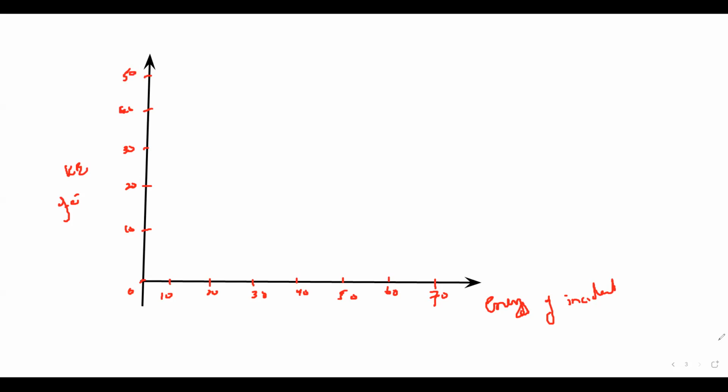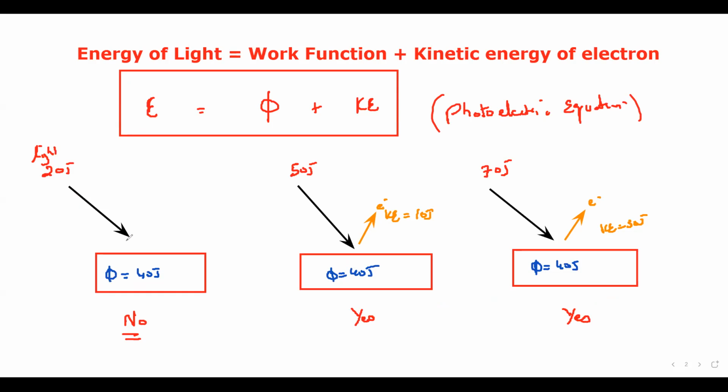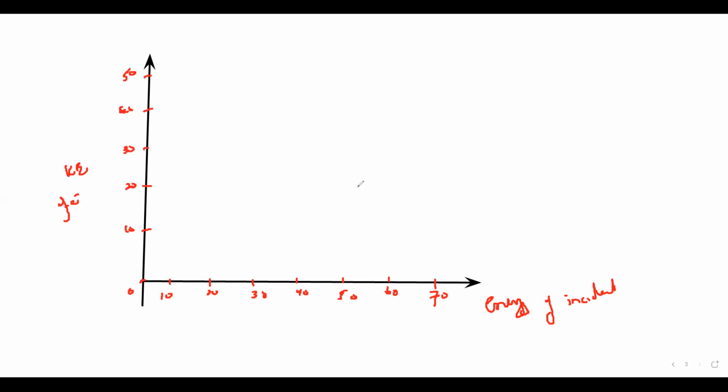So if you check the previous example, when the energy is 10 joules, there will be no photoelectric effect. At 20 joules, no photoelectric effect, so no kinetic energy, no electron will come out until 40. When the energy of the incident light is 10, the kinetic energy is 0 because no electron is able to come out.